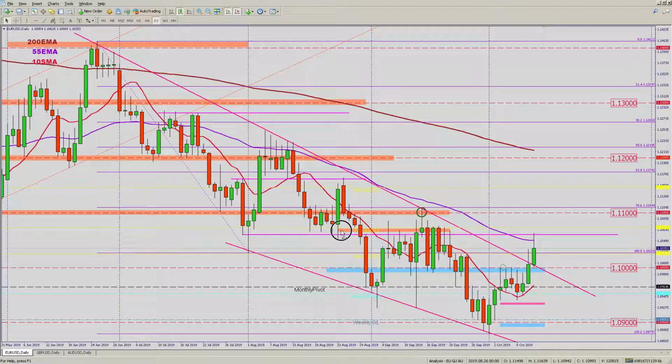And this is the potential next zone of resistance. And we will see where the new weekly pivots will be for next week. And after that, there will be the next level at 111.